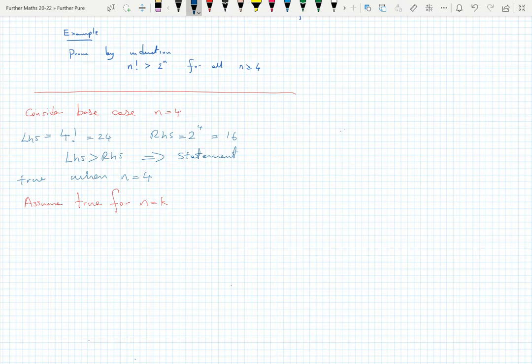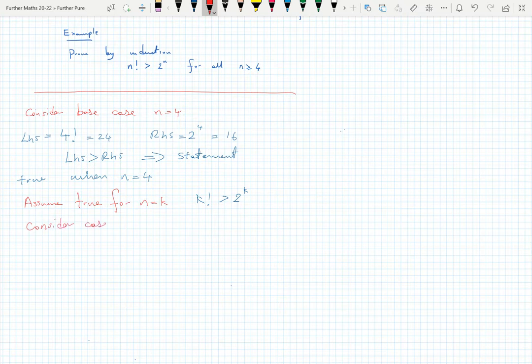So that means we're assuming that k factorial is greater than 2 to the k. Now we can consider what is sometimes called the inductive step. It's the crux of what we're doing.